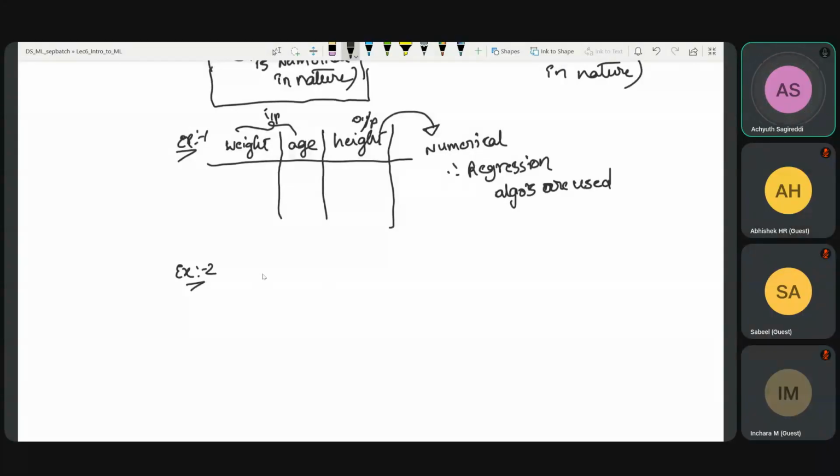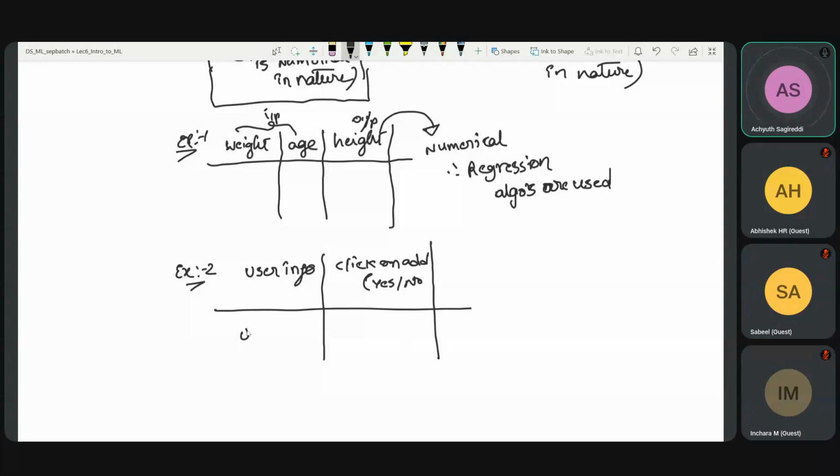Let's say user information, and whether he clicks on an ad, which will take yes or no. This is the data. Let's say for example we have user one information, he clicks the ad, yes.